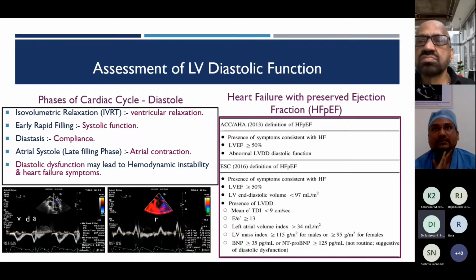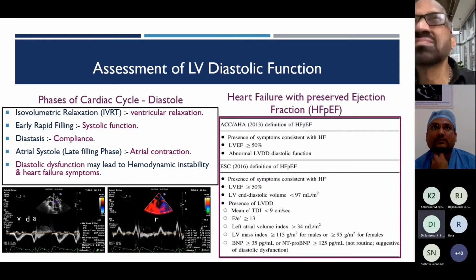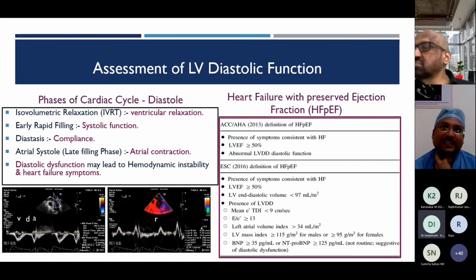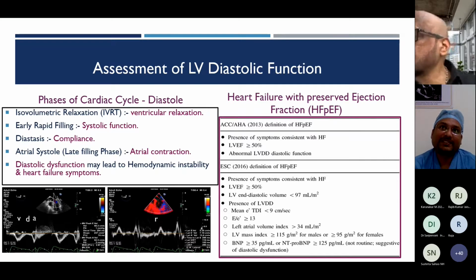But LA volume, especially, I wanted to ask you this question. Where you have shown the picture in LA volume calculation, one is normal and one is with mitral valve disease. So, if the LA volume is more due to stenosis of the mitral valve, I don't think it can add to the analysis of diastolic dysfunction. The image is just kept to get that number which is high, to depict the volume.